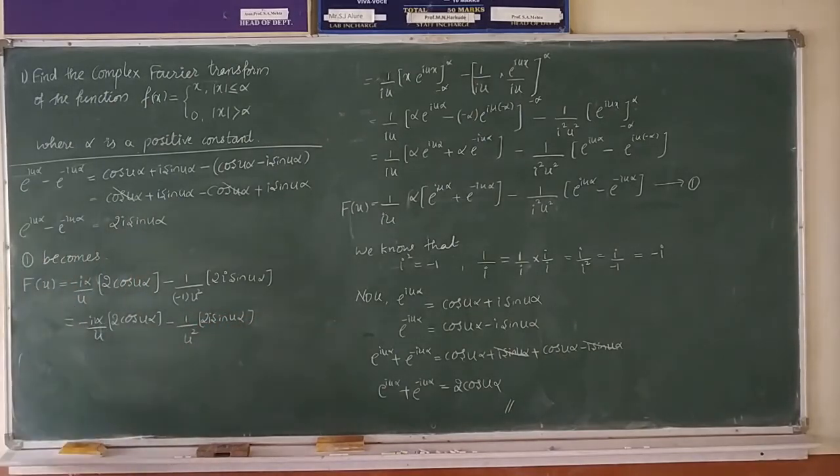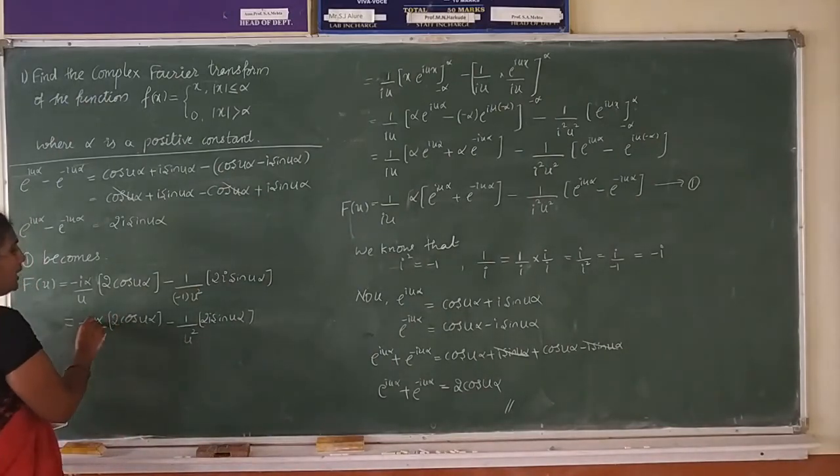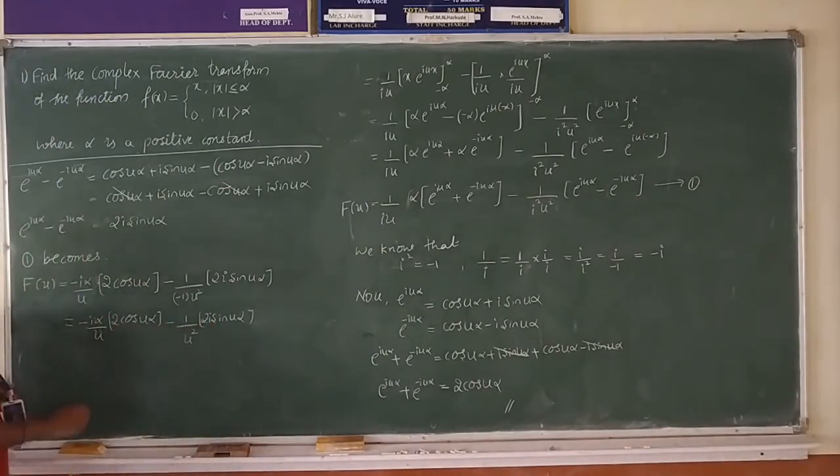Again you can see there is a common term in that equation. What is that common term here? 2i is a common term.